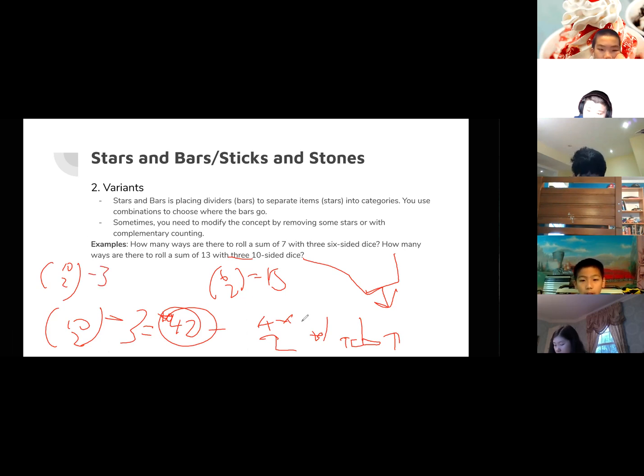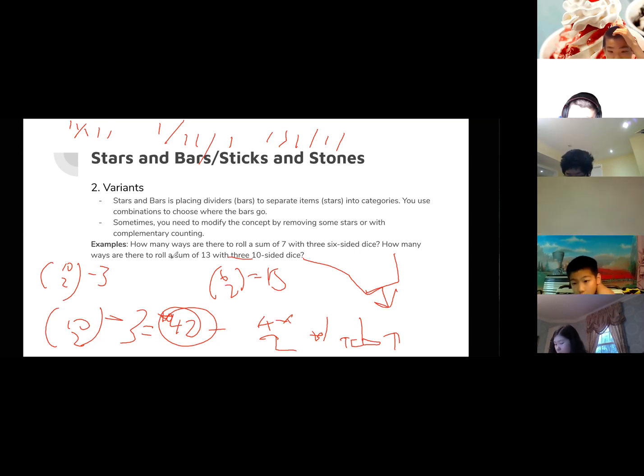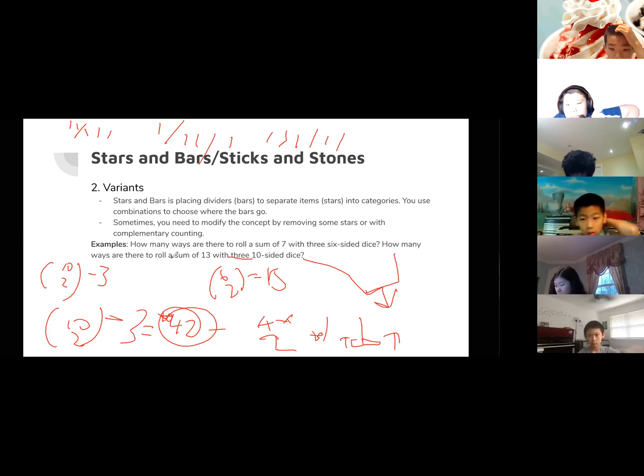The reason you subtract 3 is because you can't have 11 1 1, or 1 11 1, or 1 1 11. Those are the three you can't have. I know my writing is very confusing, but there are three of these. So it's 10 choose 2 minus 3, and that's where you got 42 from.